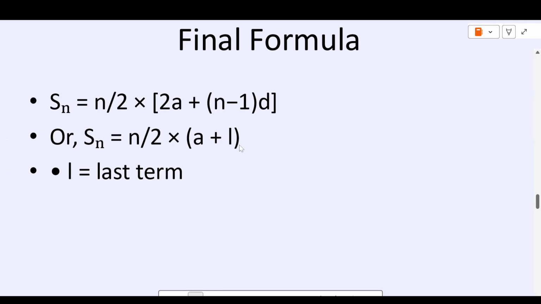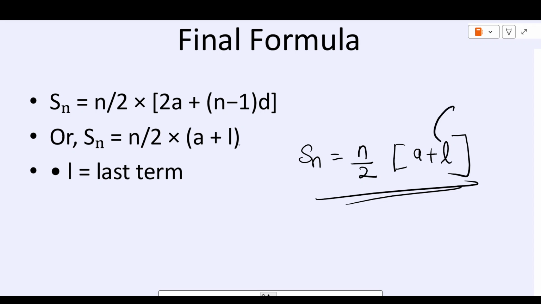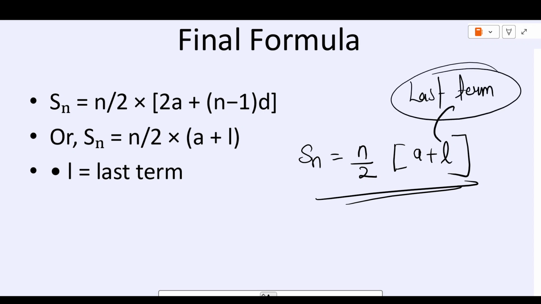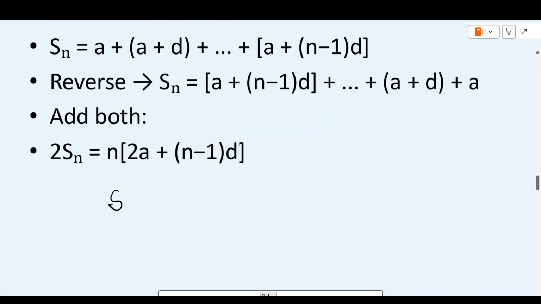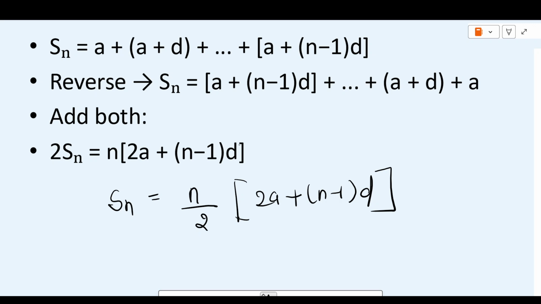If the last term is given, then Sn is equal to n by 2 (a plus L), where L denotes the last term. And the general formula is Sn is equal to n by 2 (2a plus (n minus 1) into d), right?